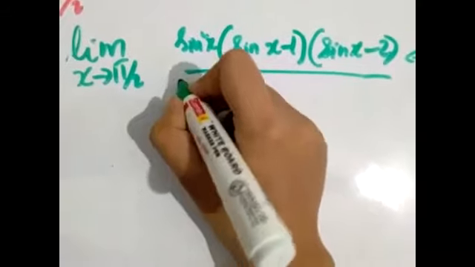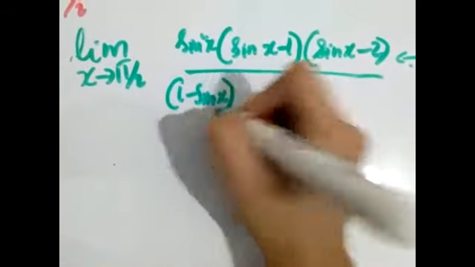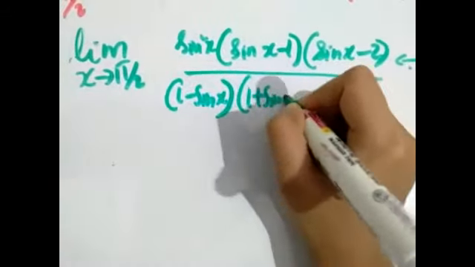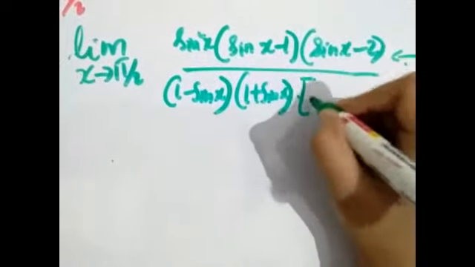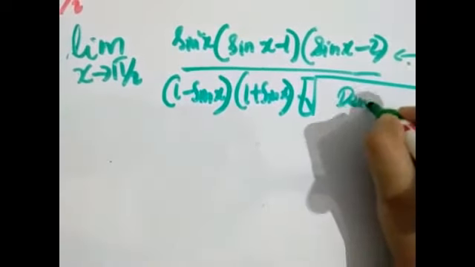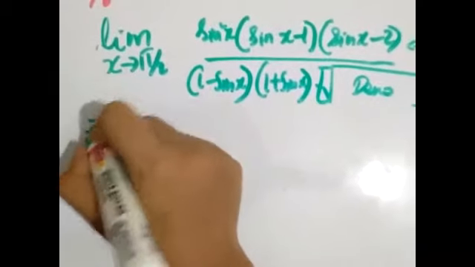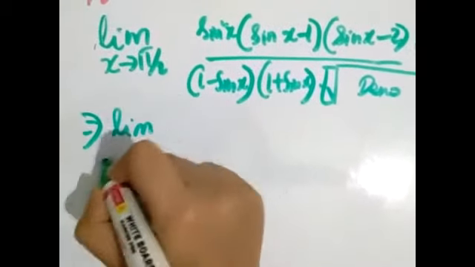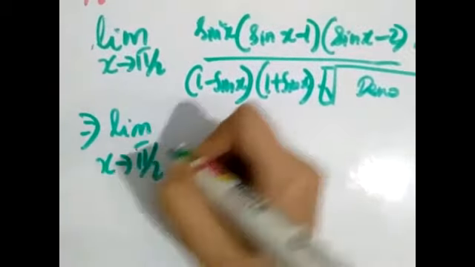So I've got here 1 minus sine x and 1 plus sine x with the same denominator, because there's no change in denominator. I'm writing it like that. I'm a bit lazy to write it all down again.